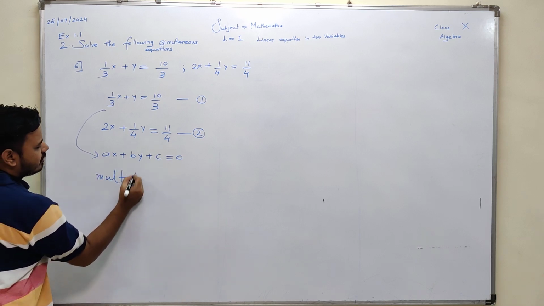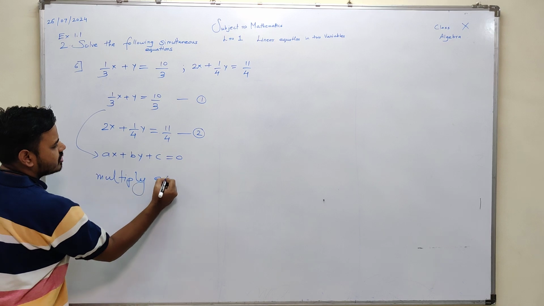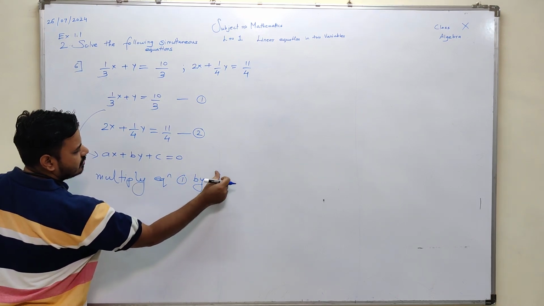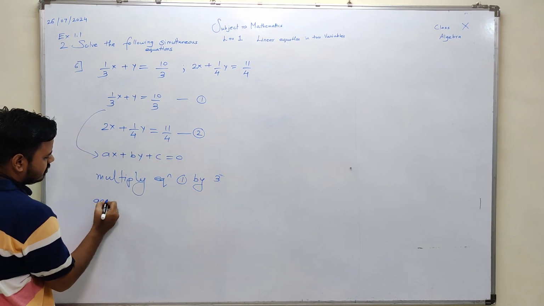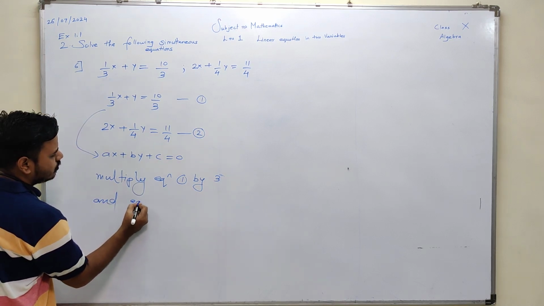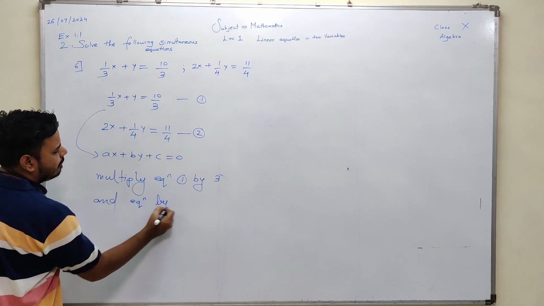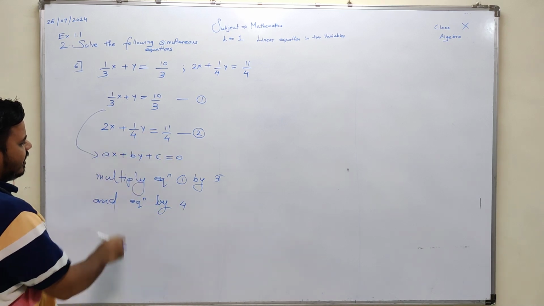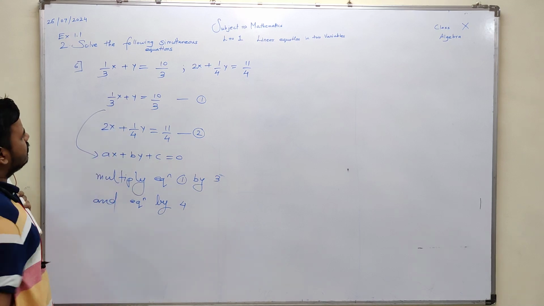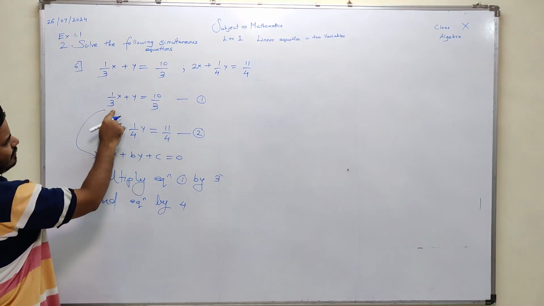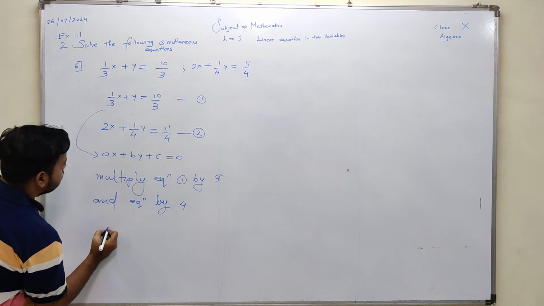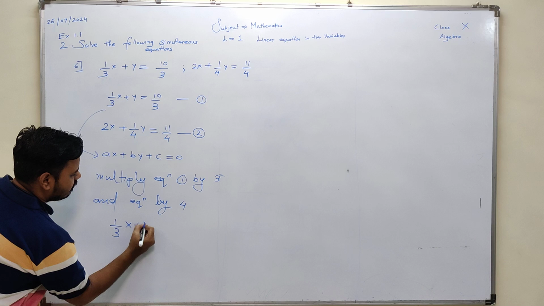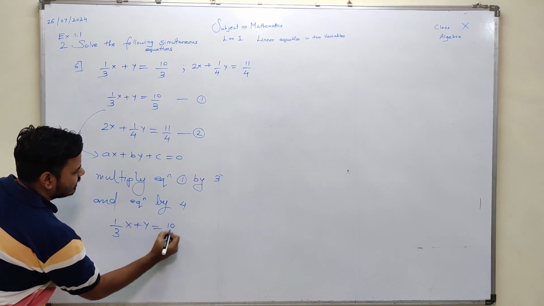So multiply equation 1 by 3 and equation 2 by 4, and then we can have this equation in this form. While multiplying, just take care of these things. 1 upon 3x plus y is equal to 10 upon 3.